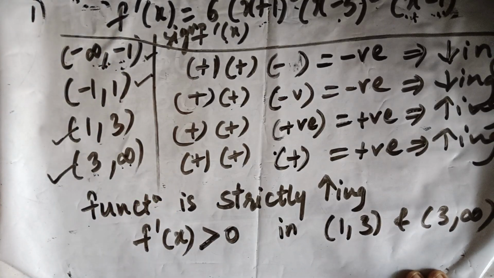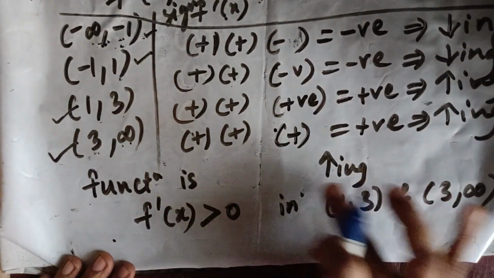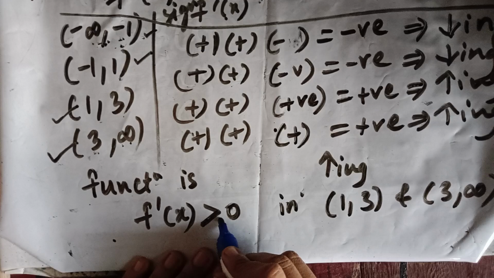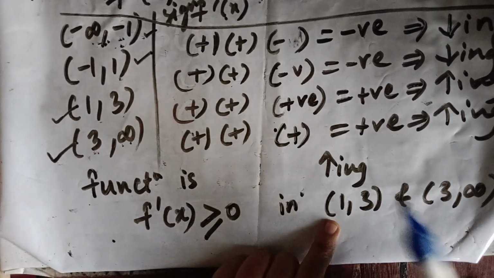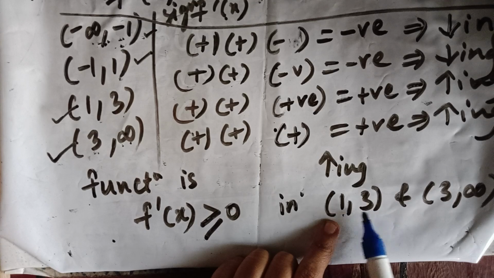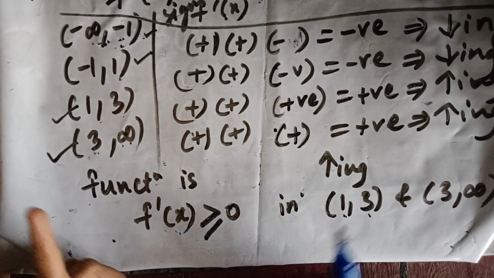Now, second thing is, if it is asked only increasing, then this will be greater than or equal to 0, and for increasing we have to include this 1 and 3, because at these 2 points f dash of x is becoming 0.